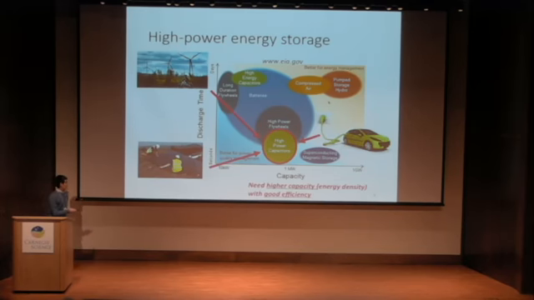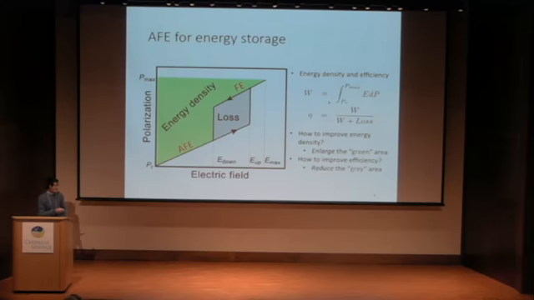However, the major drawback of the conventional dielectric capacitor is its low energy density. So let's see why antiferroelectrics is promising. As already mentioned by Brahim in his talk, antiferroelectrics has this special polarization versus electric field double hysteresis loop.